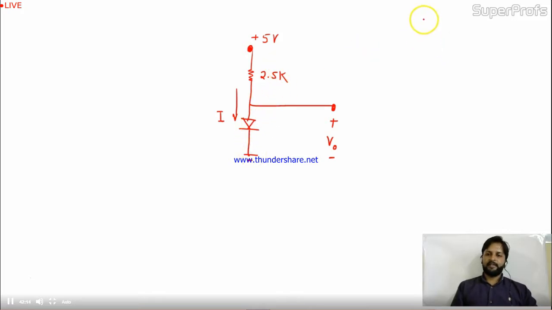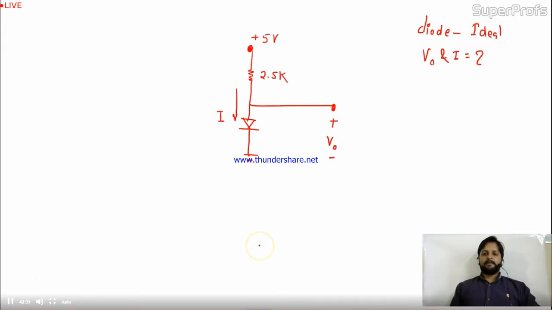This diode is ideal, the condition is given. Your diode is ideal, and you have to calculate V0 and I. So if you look at this circuit at first sight, you can say this diode will be forward biased. Why?